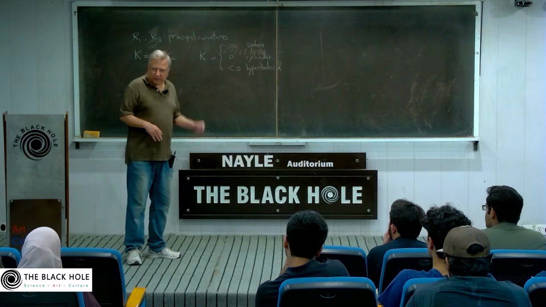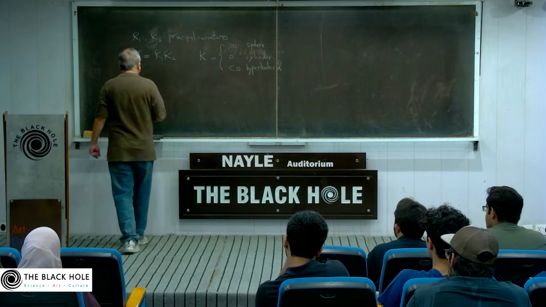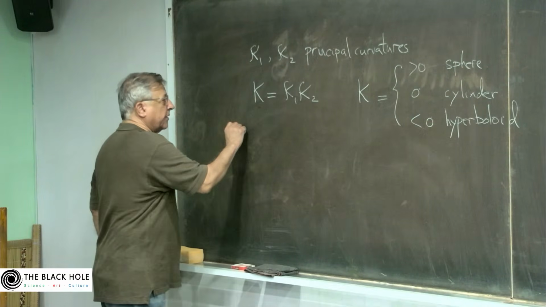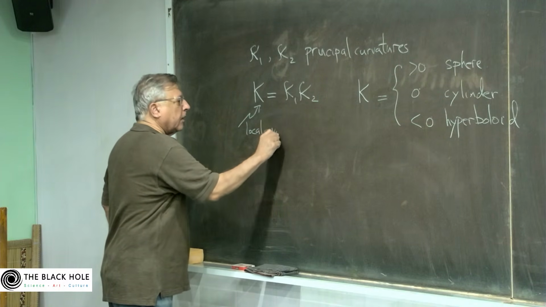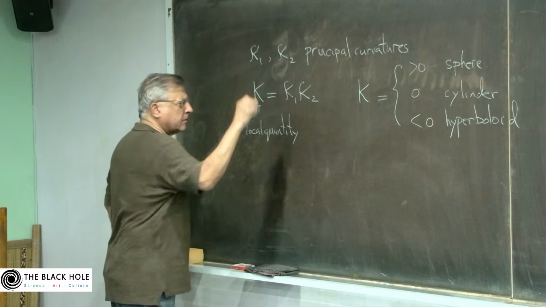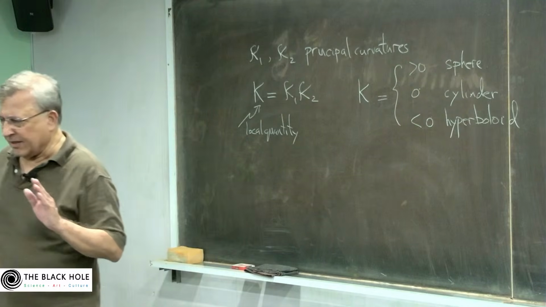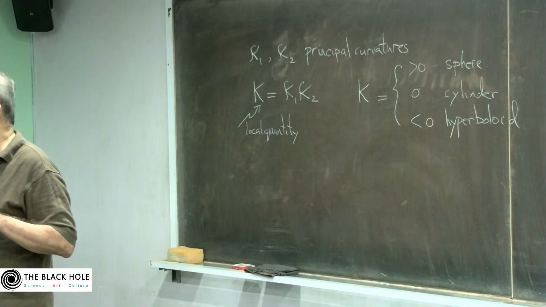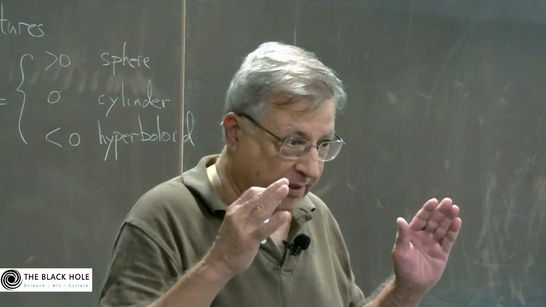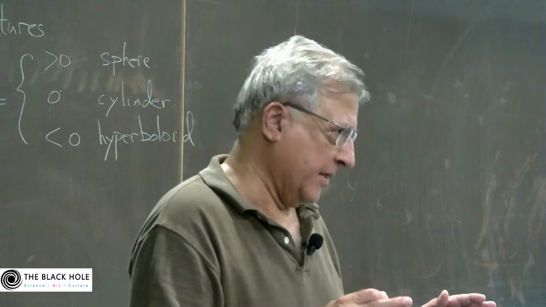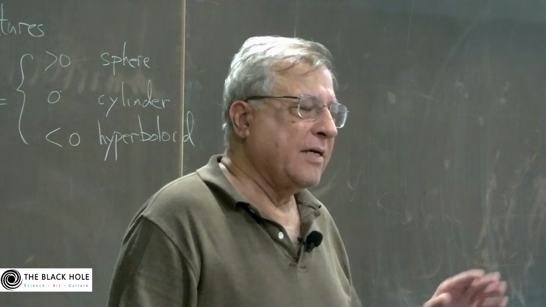What Gauss was able to prove was this very famous theorem. So this, remember, is a local quantity, and this is the extrinsic. This is calculated from extrinsic calculations. So we are in 3D.